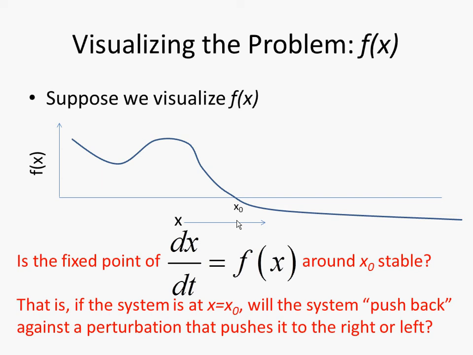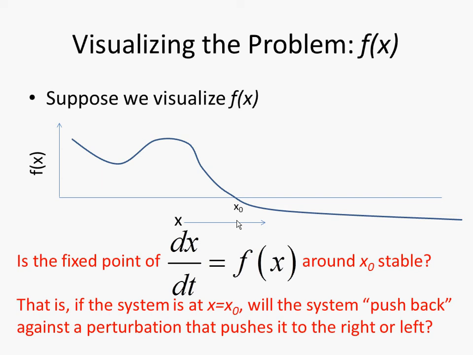To be clear again, if you have an x that's less than x sub 0, you plunk down, say, right near here, and you feed it in here, we look up f of x, it's some positive number, so dx/dt is some positive number. That means over time x is going to be increasing, right? It's going to pull it back this way. Does that make sense?